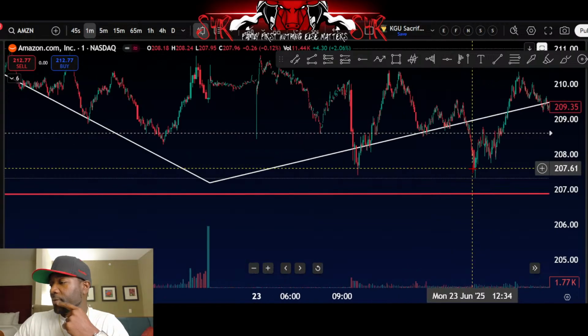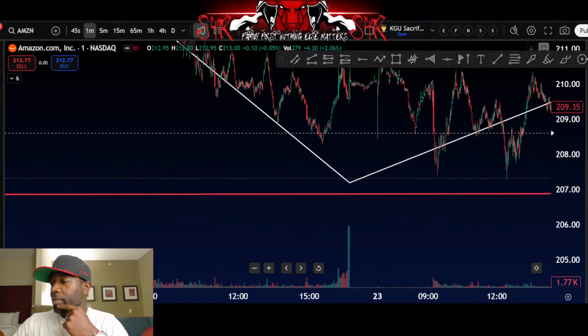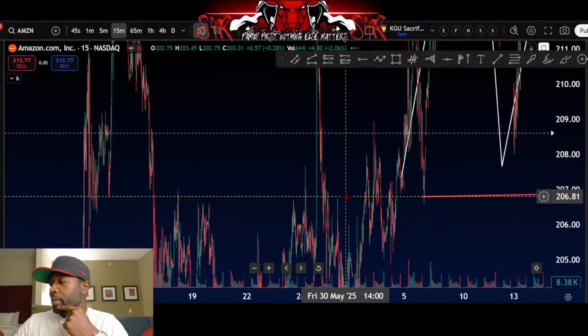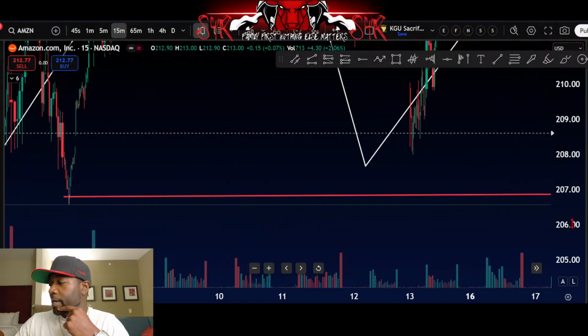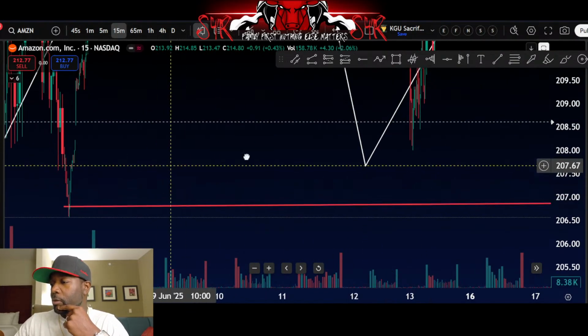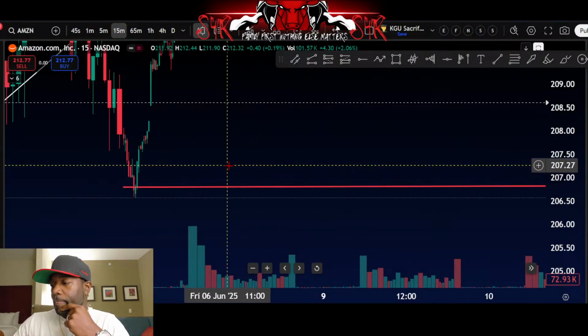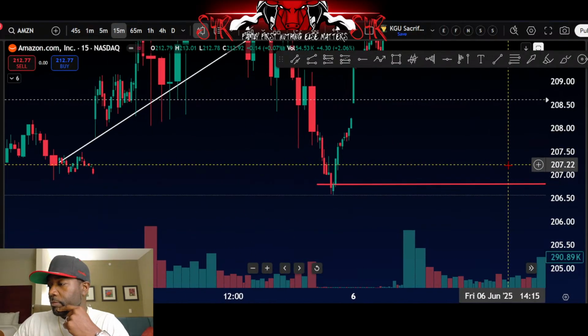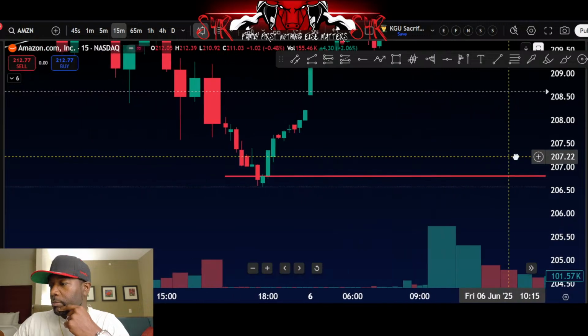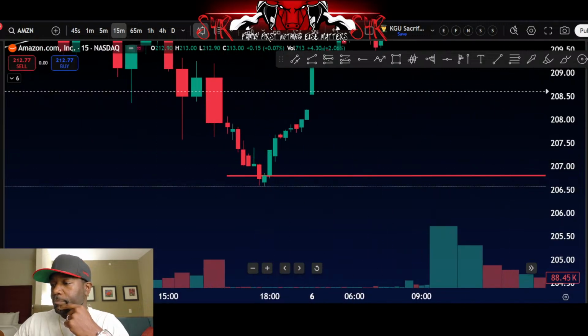And when I see stuff like this that's not definitive, then I bring out other indicators, such as EMAs or volume profile or whatnot, okay? But this is a good example right here.